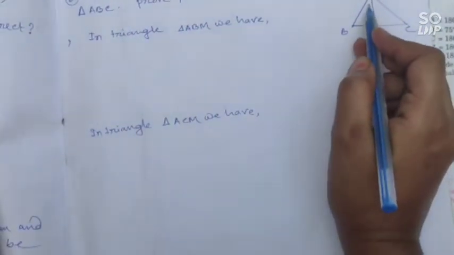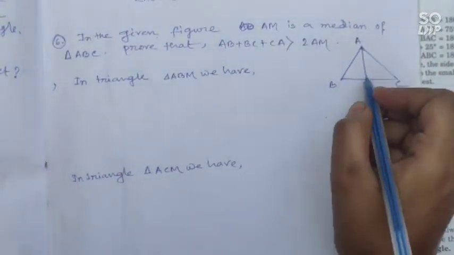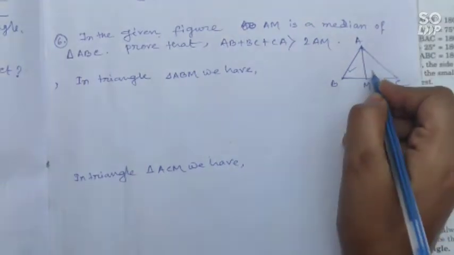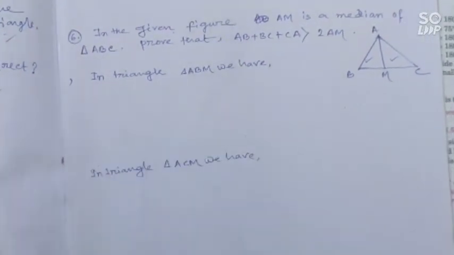In this figure, you can see two triangles, triangle ABM and triangle ACM. So in triangle ABM, by triangle inequality property, the sum of any two sides is greater than the third side.